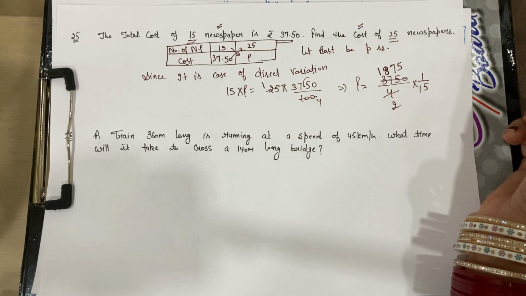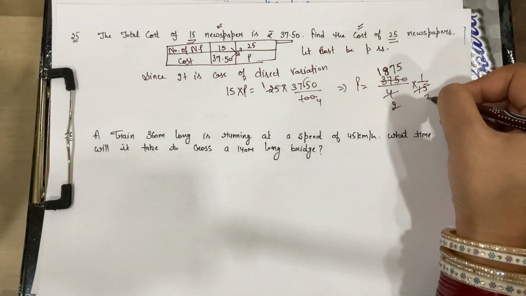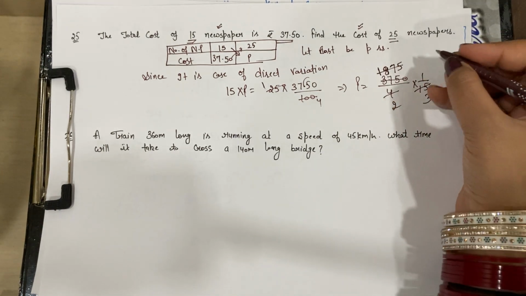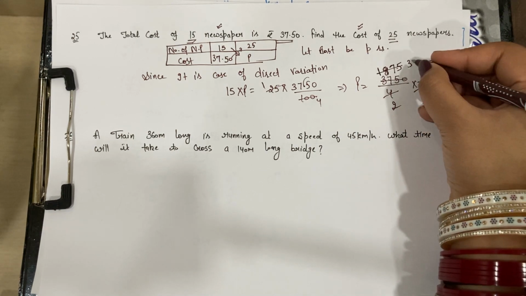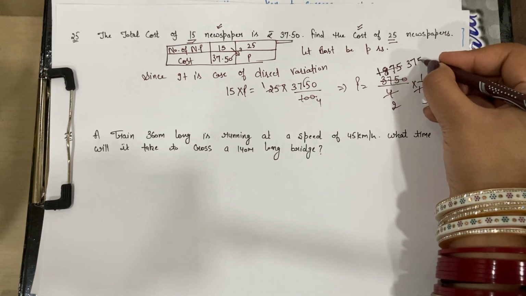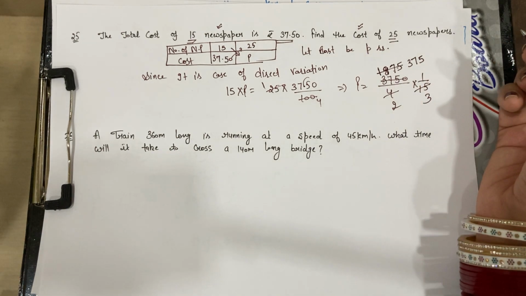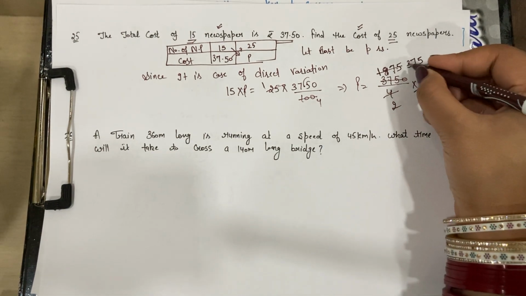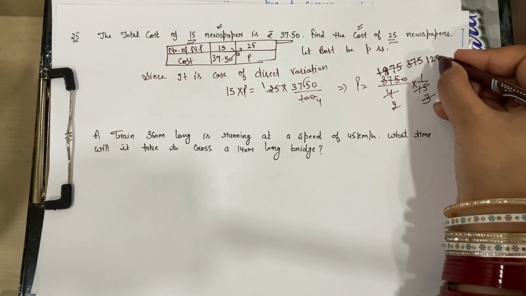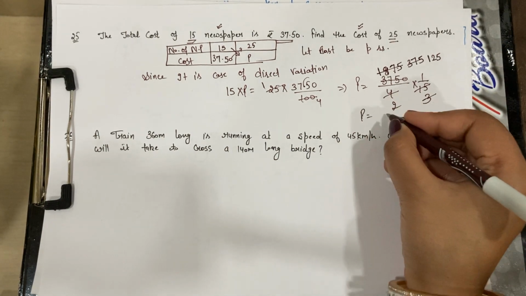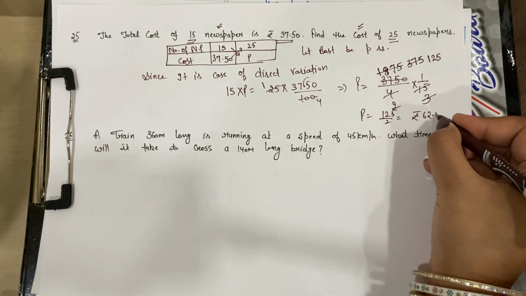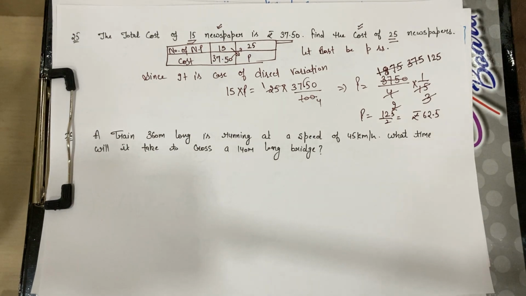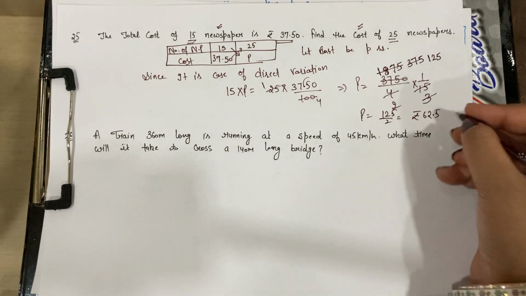Now, let us divide it on the table of 5. Correct? On the table of 3. 125 upon 2, which is rupees 62.5. This will be the cost of your 25 newspapers, rupees 62.50.